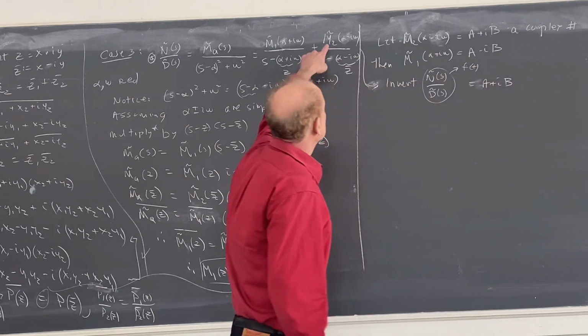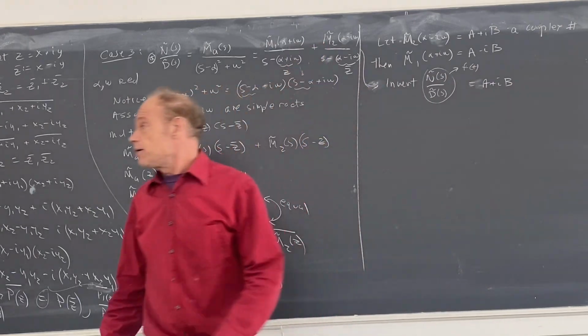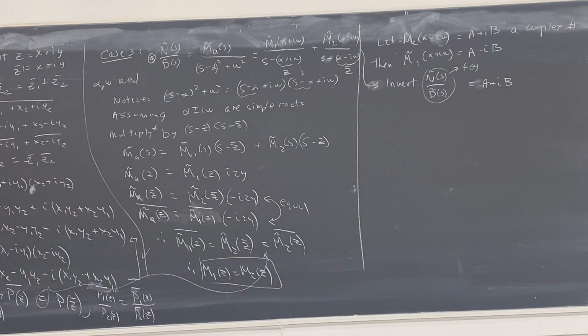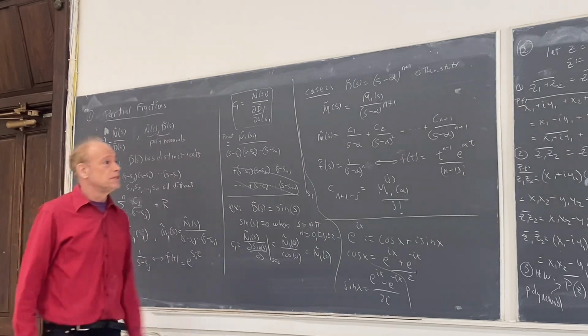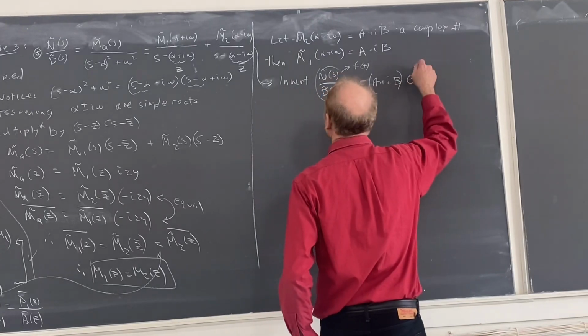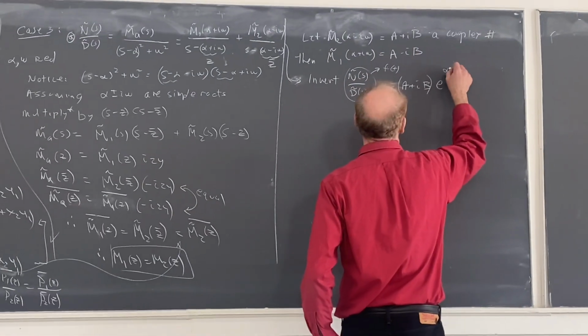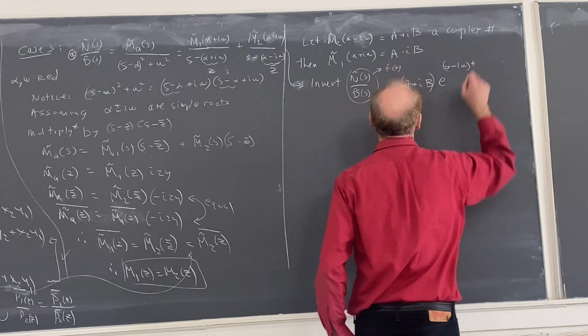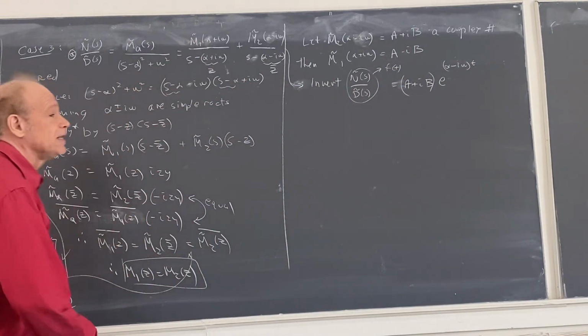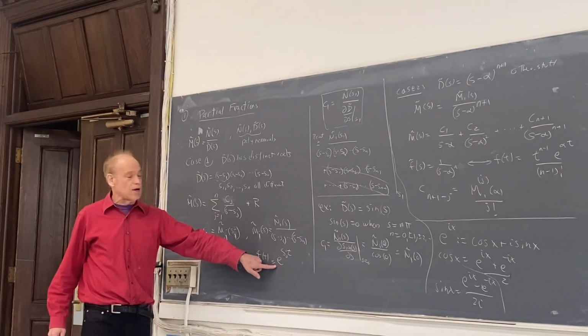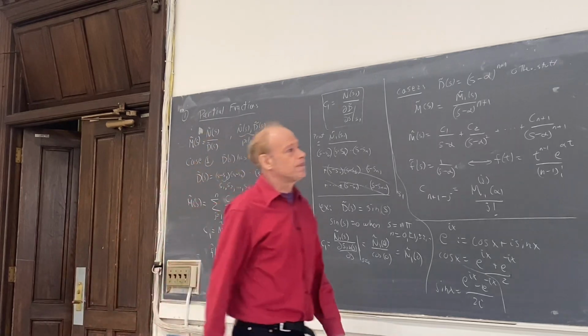And we know that 1 over s minus something, when I invert it, gives me e to that something t. So now I have this times e to the alpha minus i omega times t. Because I just have a number over s minus something. And 1 over s minus something inverts to e to that something t.